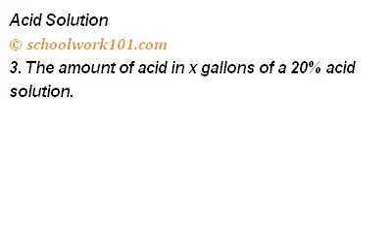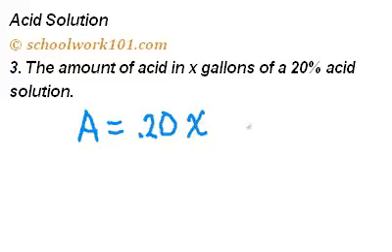How could we do this? We could say the amount, which I'll label as A, is equal to 20%, and in this case we're always going to write it in decimal representation, of x gallons. So that's pretty simple: 20% of the unknown quantity of gallons.